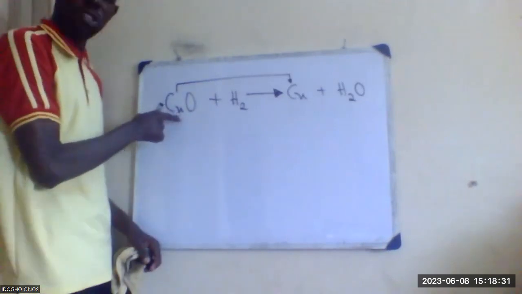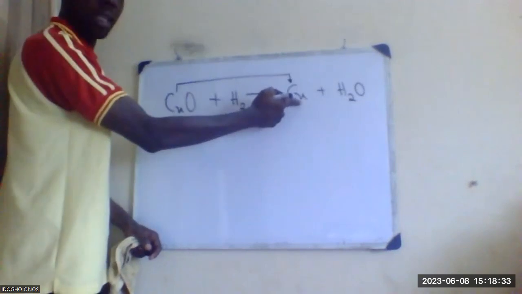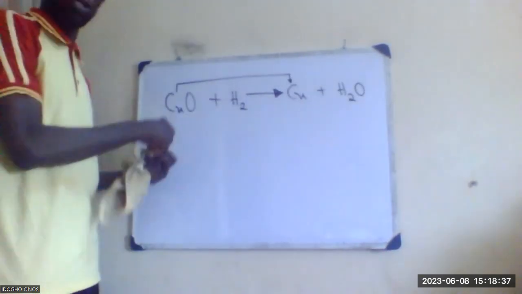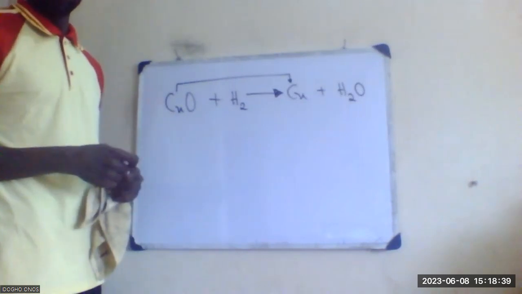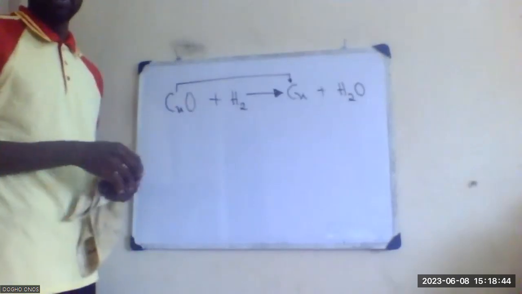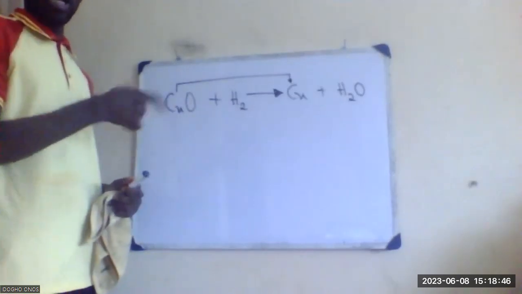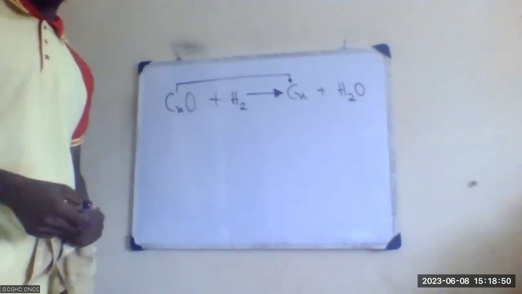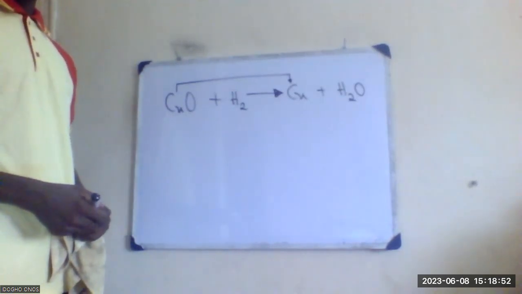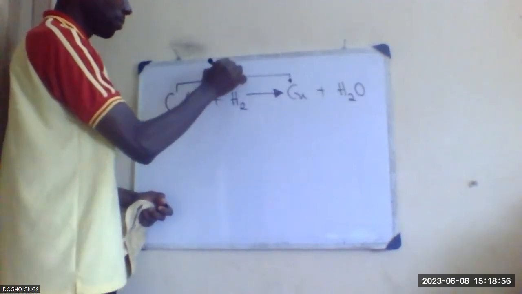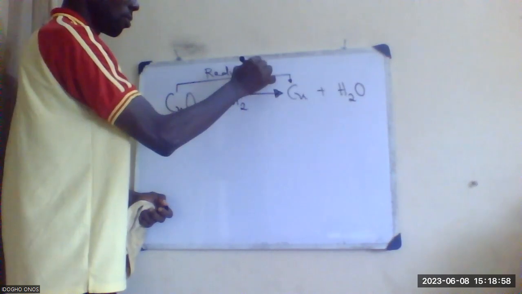If you check here, there's oxygen here. On going this way, the oxygen has gone off. So what has taken place there? Is it oxidation or reduction? Going by the definition we just gave, that oxidation is the addition of oxygen while reduction is the removal of oxygen, what has taken place? Reduction.